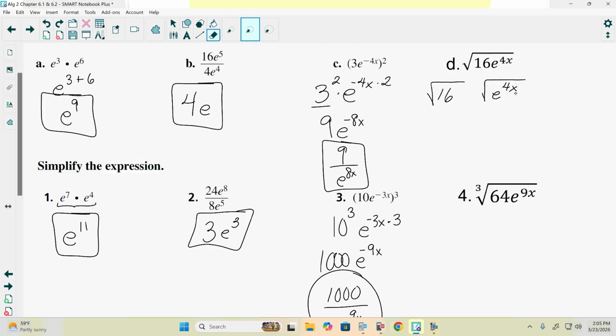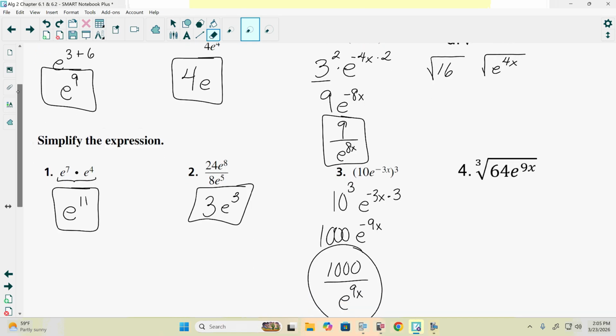And I do this here for a certain reason. One, we know how to find the square root of 16. Square root of 16 is just saying what times itself is 16, and that is 4. So we're good there. Now the hitch is trying to figure out what times itself is e to the 4x. Okay.